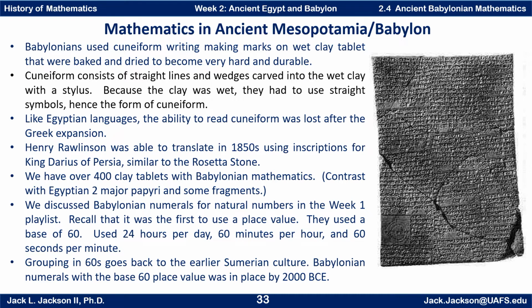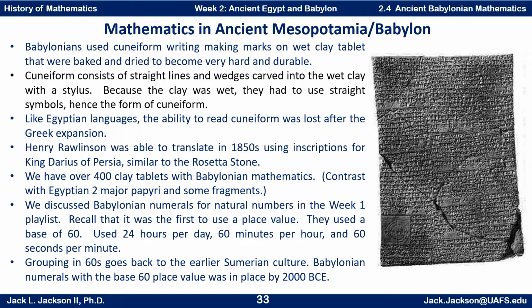So we don't have a single Babylonian source as good as, say, the Rhind Papyrus, but we have a lot more sources. We know a lot about the Babylonian mathematics, and it was quite advanced for the time.